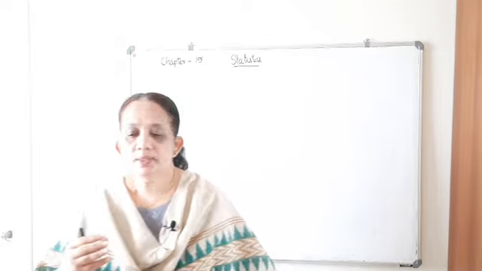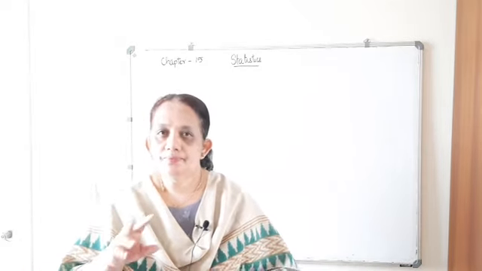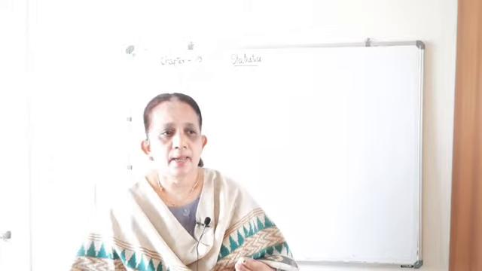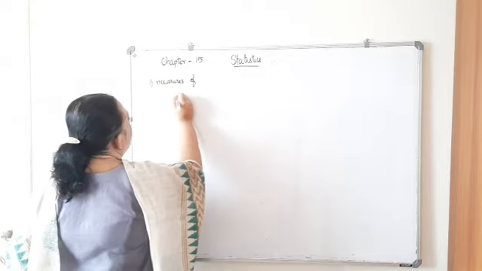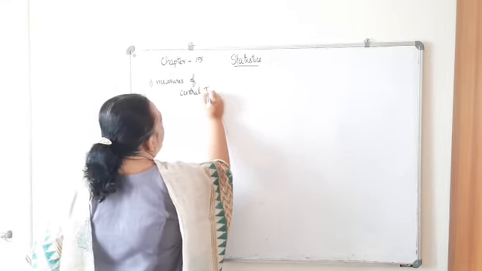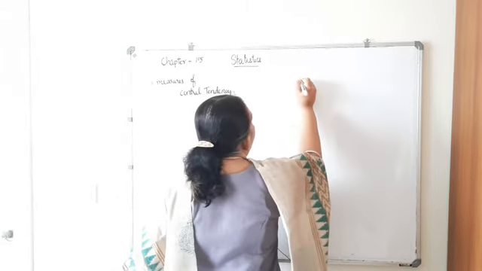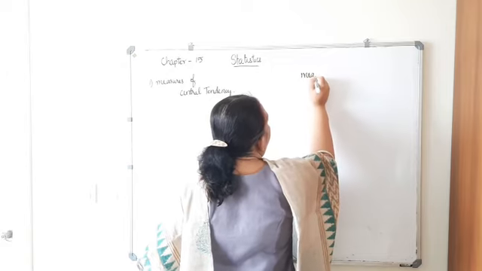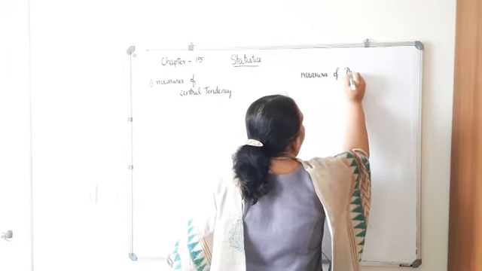When we study statistics, there are mainly two types of calculations: one is the measures of central tendency, and the other is the measures of dispersion.